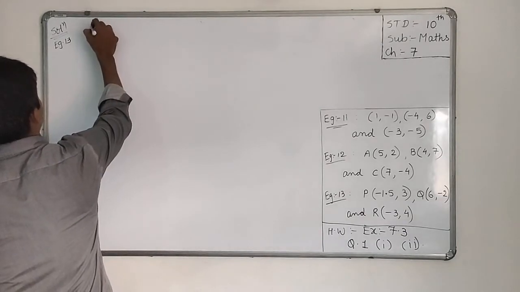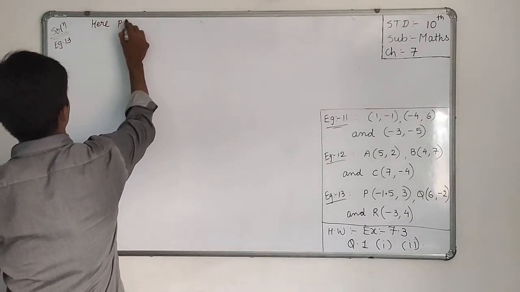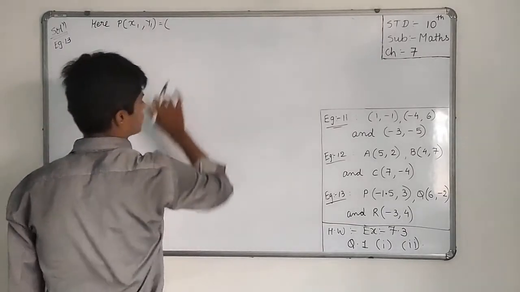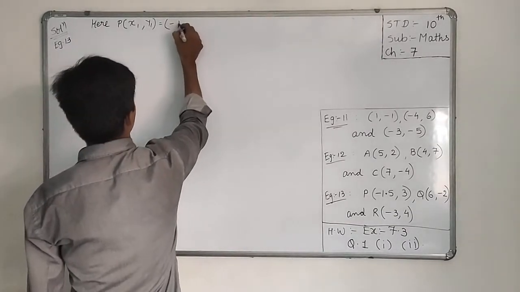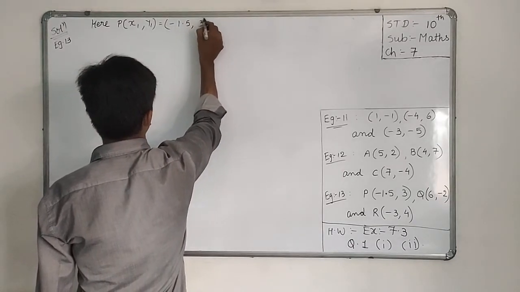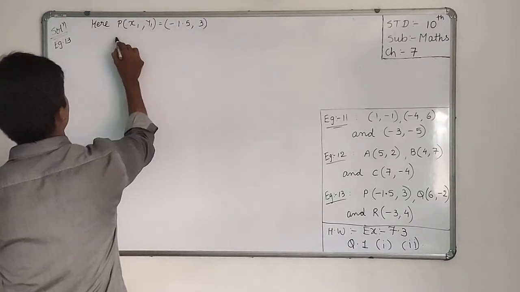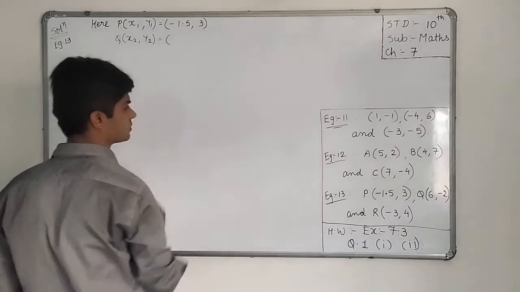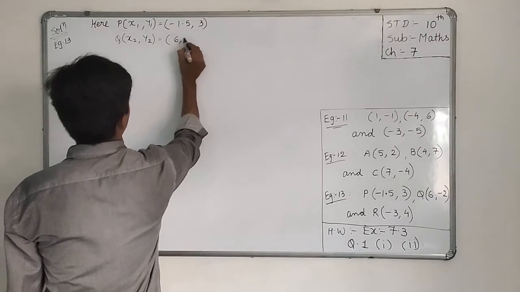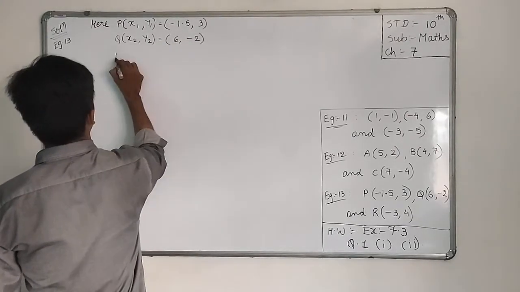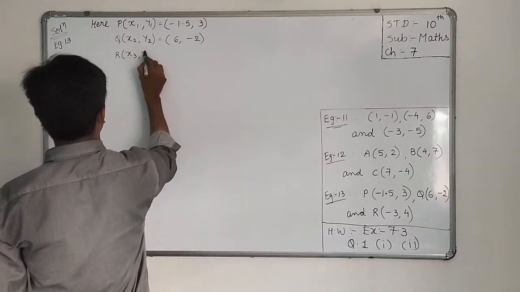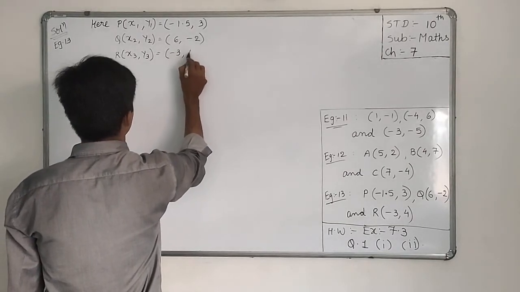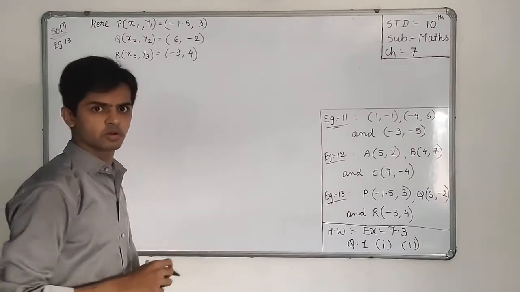So therefore, here P x1 y1 is -1.5, 3, Q x2 y2 is 6, -2, R x3 y3 is -3, 4.